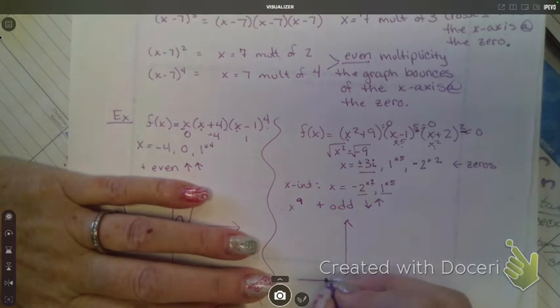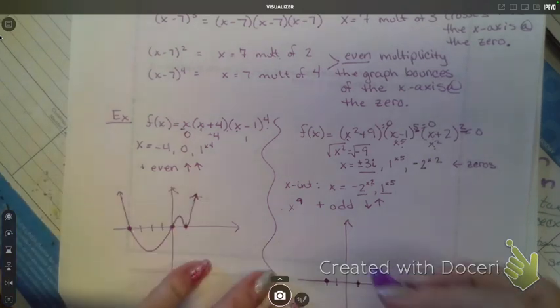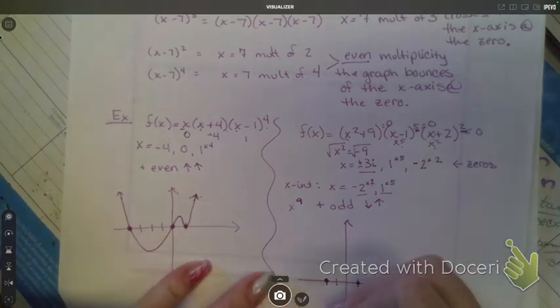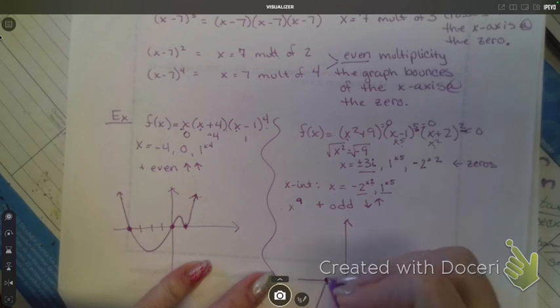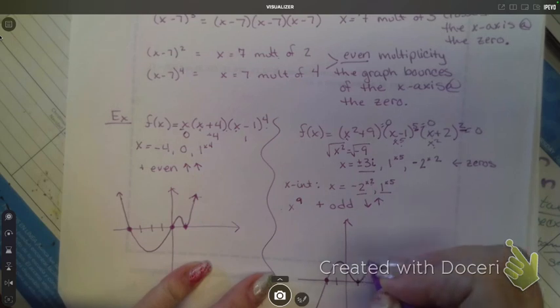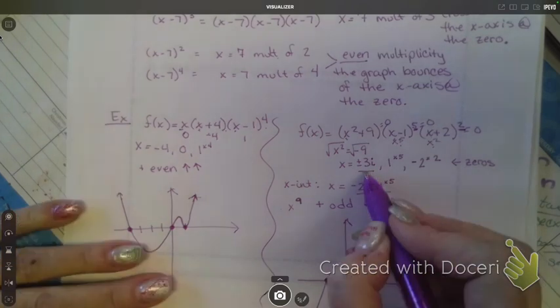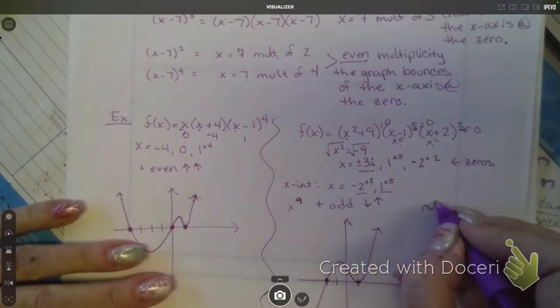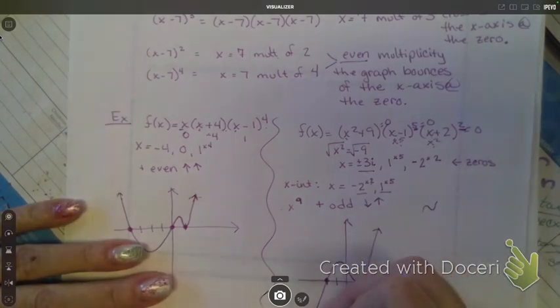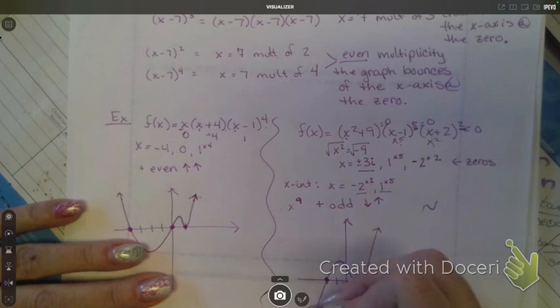So I'm going to bounce and I'm going to go through. Okay, and start down. Going to come up, and it has to bounce if it's going to end the way it should, right? Now, I am going to tell you this: plus or minus 3i usually adds a little wobbly somewhere. Like it might do this.